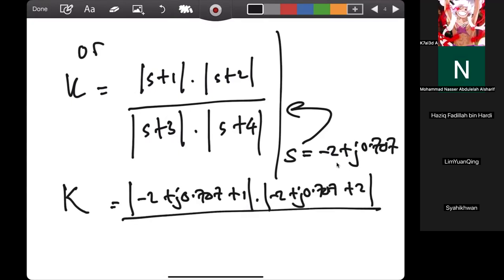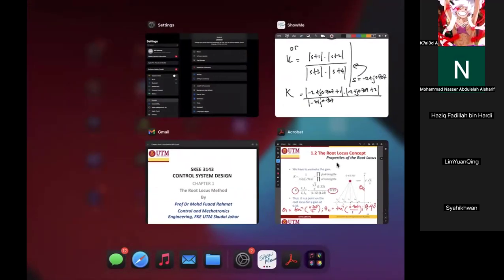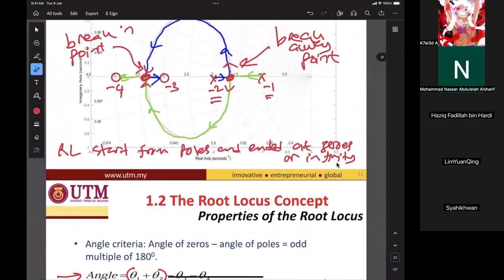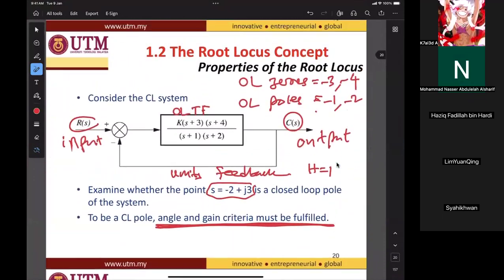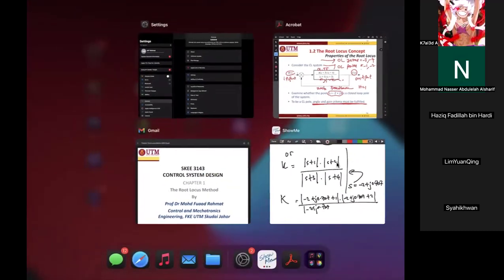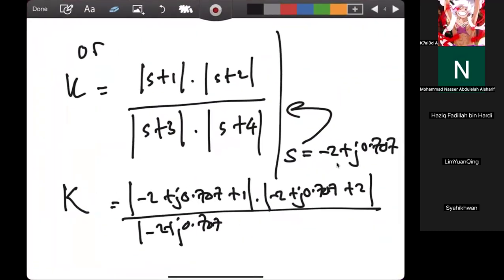Doctor, are the values 1, 2, 3, 4 fixed or based on the question? The values 1, 2, 3, 4 are the open loop poles and open loop zeros given, which I mentioned to you just now. Yes, given. Okay, clear?